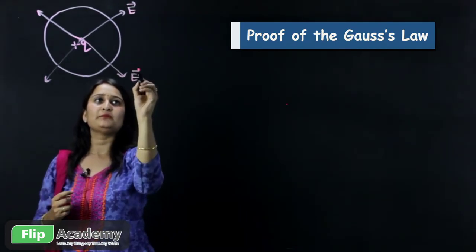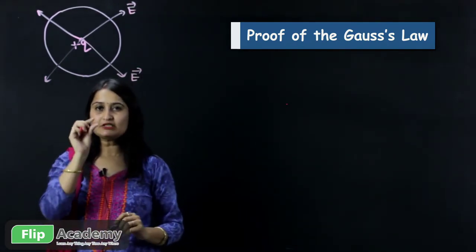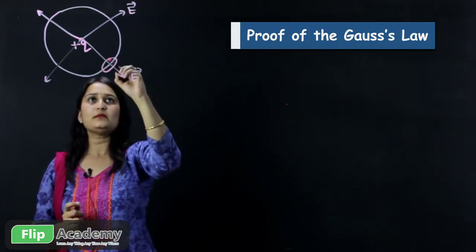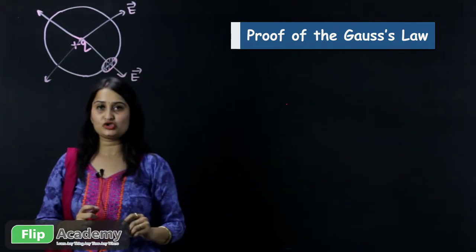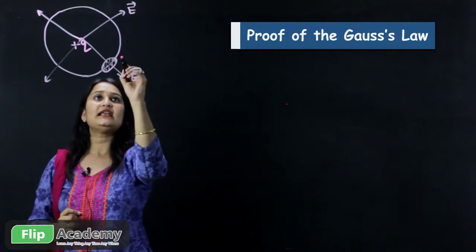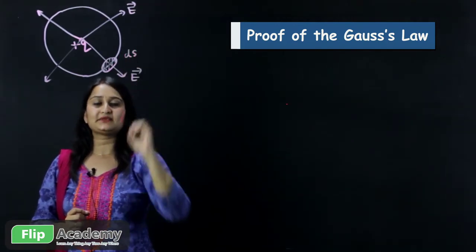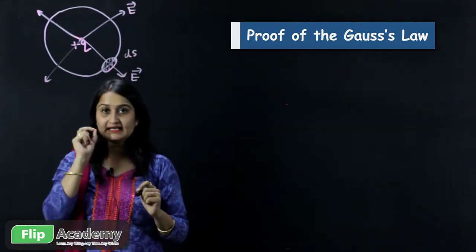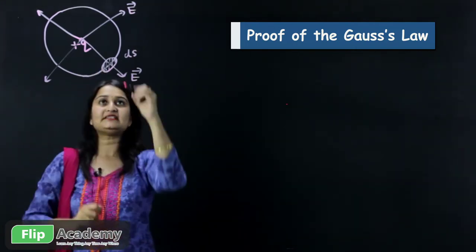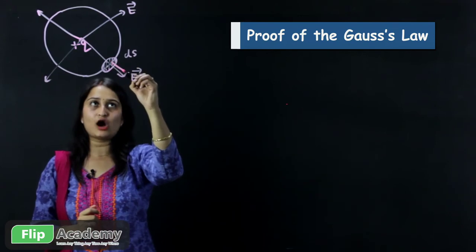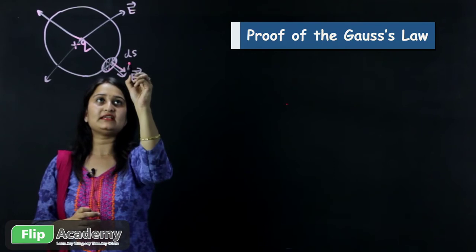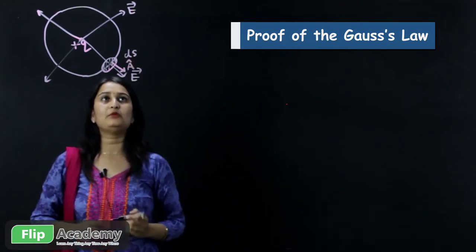This is the electric field. Now let us consider a very small portion of the sphere. This small portion has a very small area, and let us represent this area by ds. Now this ds has an area vector which is perpendicular to the plane of ds, and this area vector is also directed outward, and the unit vector is given by a with a cap on it.